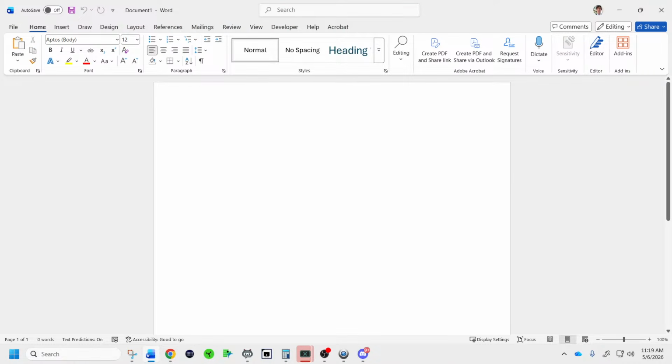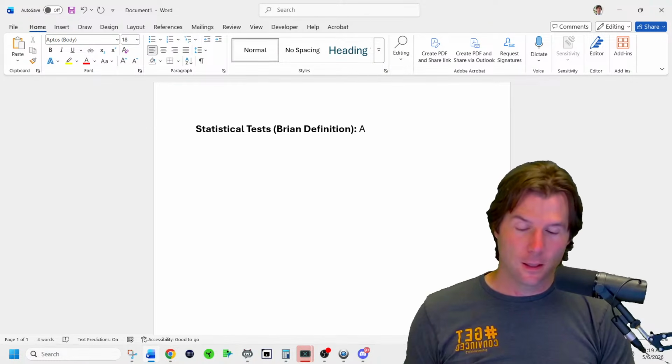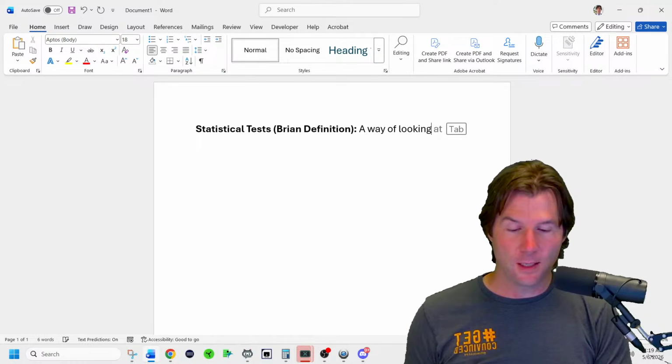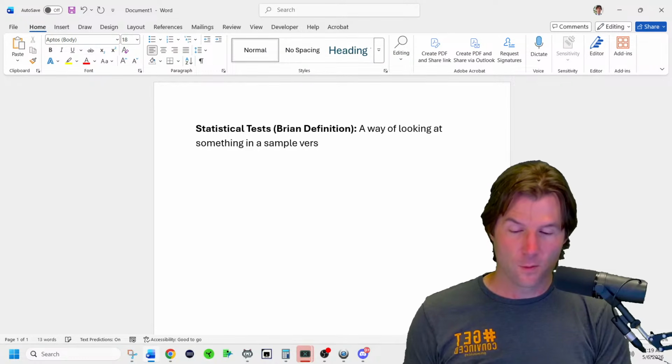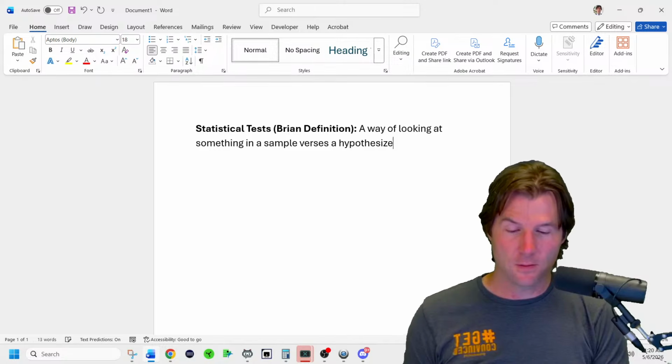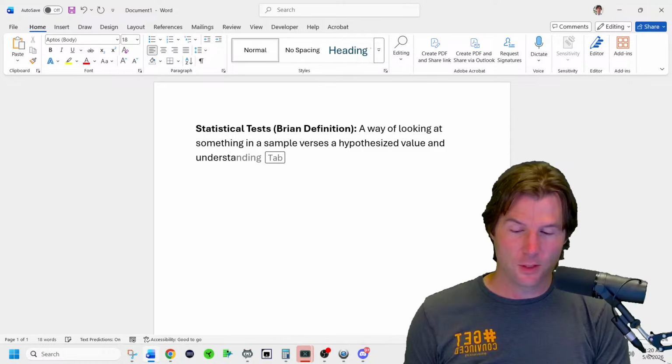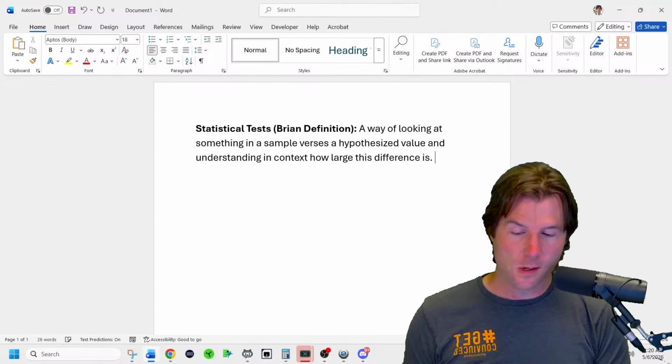So what the heck is a statistical test? Brian definition. Not Googling it. My definition of a statistical test would be a way of looking at something in a sample versus a hypothesized value and understanding in context how large this difference is.